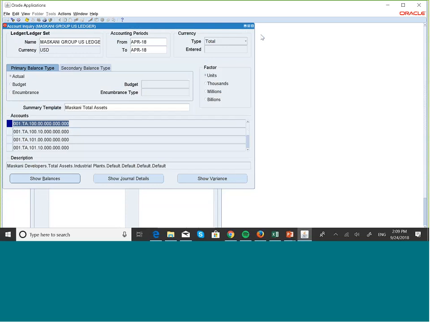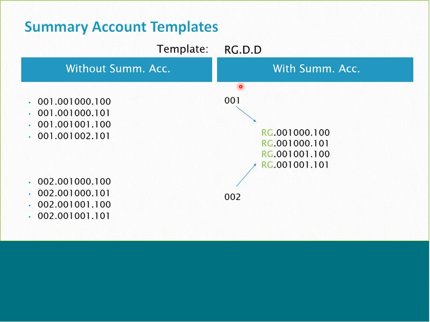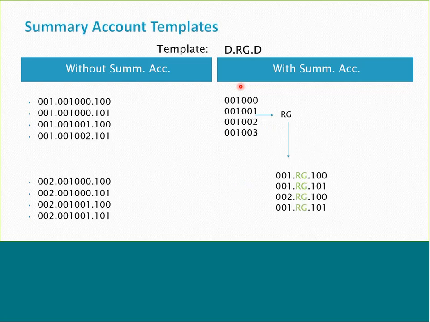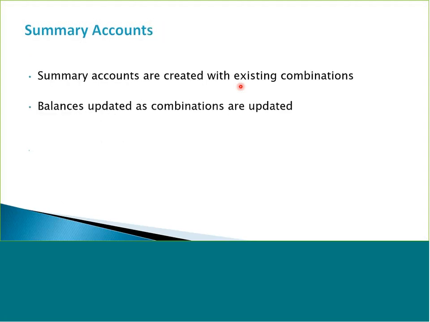So let's go back to our slides as we conclude. So we have done both templates, and Oracle has created the accounts that result from those templates. As we conclude, these are a few pointers for emphasis.